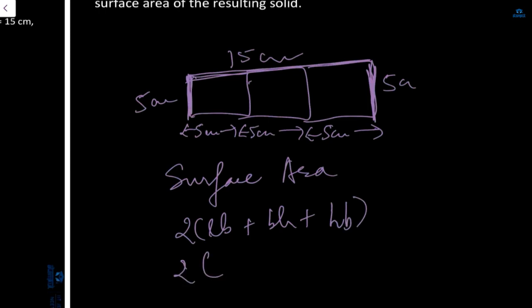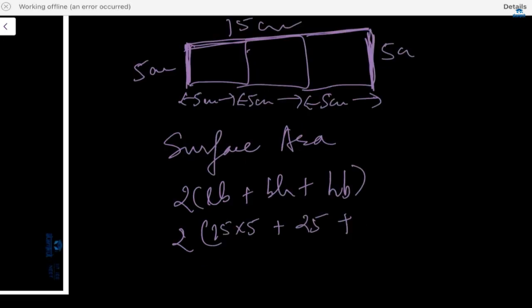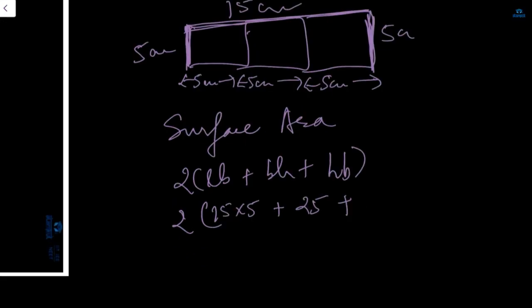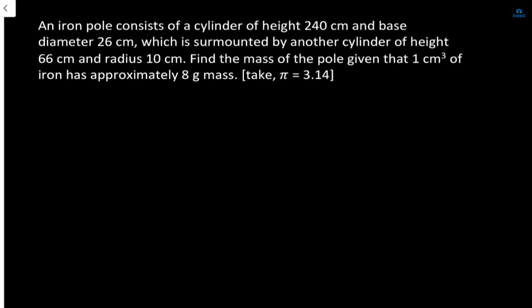So 2 into (15 into 5, plus 5 into 5 that is 25, plus height into length, 5 into 15). This will be 350. Yes, ma'am.